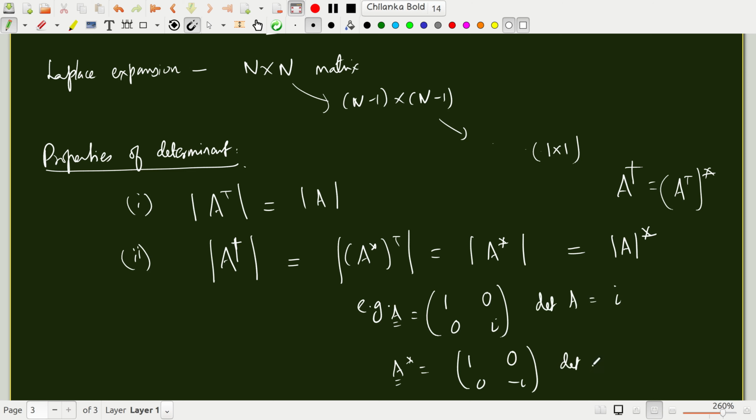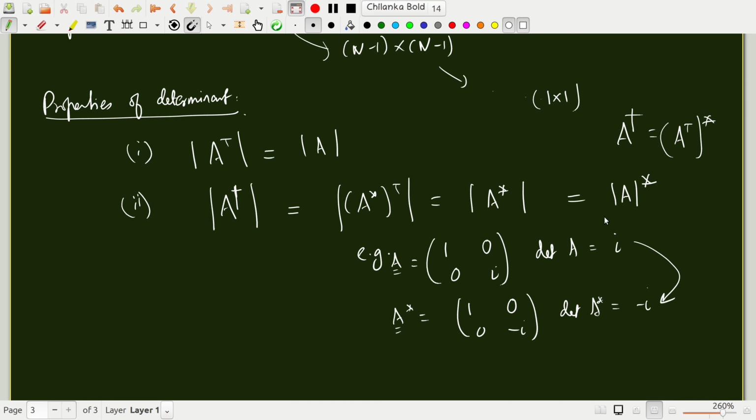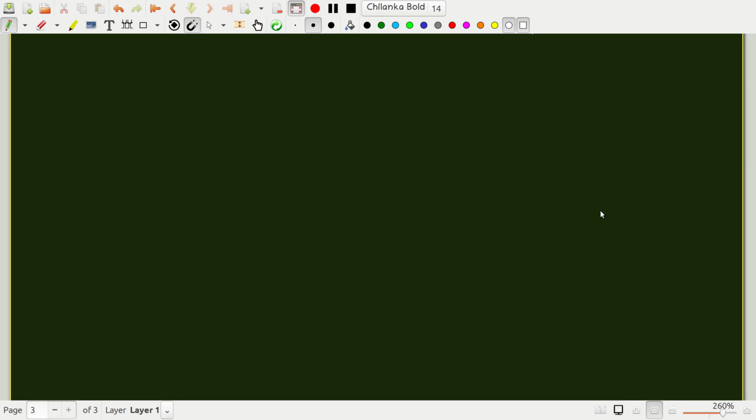Here det A star is minus i, right? 1 times minus i minus 0. So the determinants are complex conjugates. Okay, so the determinant of the Hermitian conjugate of a matrix is the complex conjugate of the determinant of the matrix itself.